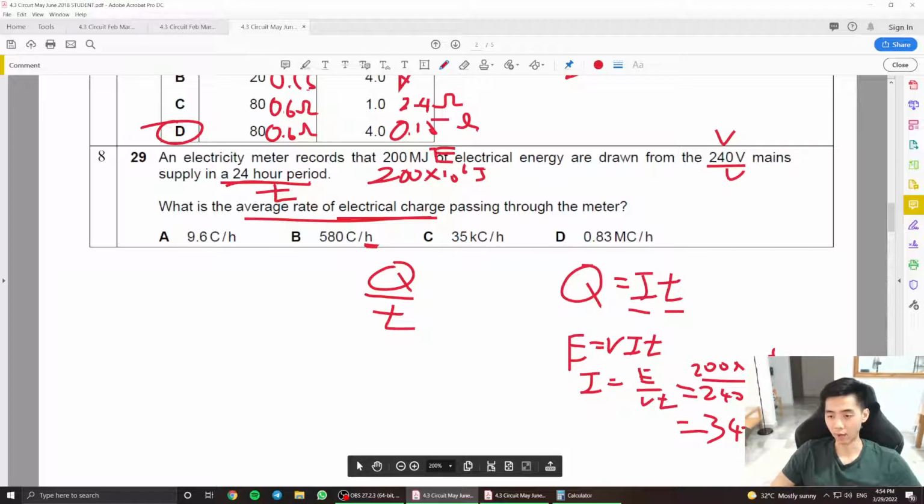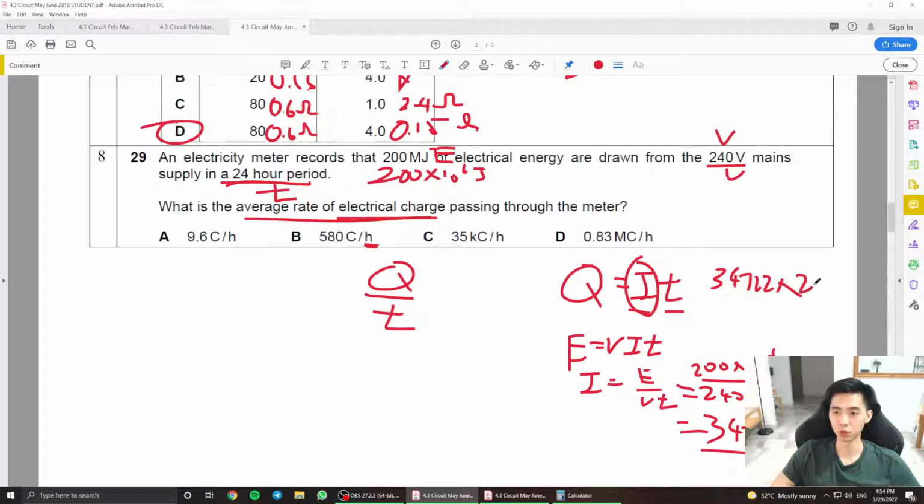If I press this into my calculator, I'll get a final answer of 34722 amperes. This can be substituted in, which gives 34722 times the time, which is 24. That will be 833,328. This is going to be my Q, which I'm supposed to substitute into here.